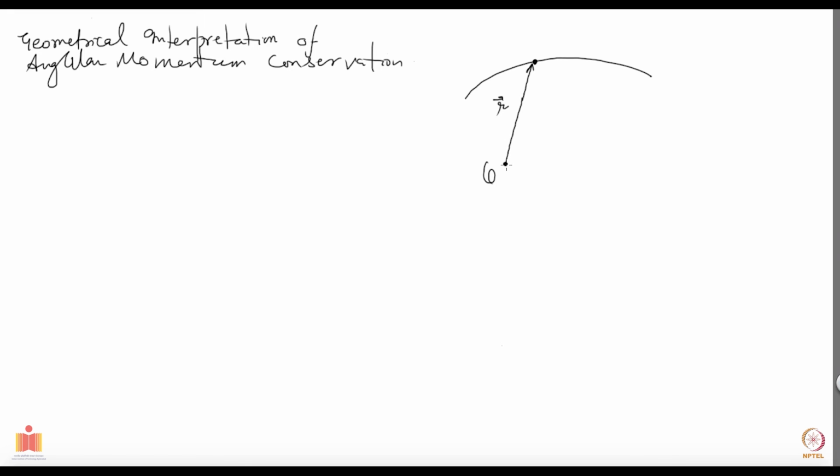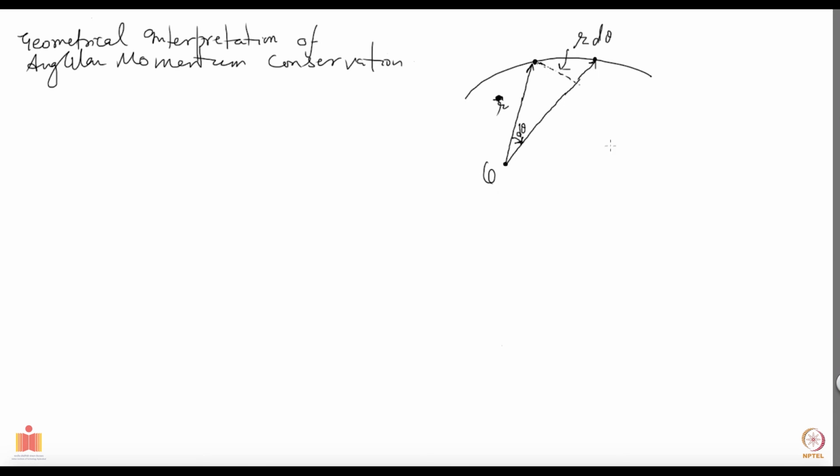After some small infinitesimal time dt, it moves here and covers an angle d theta. Let me drop a perpendicular here, and this arc length is r d theta.